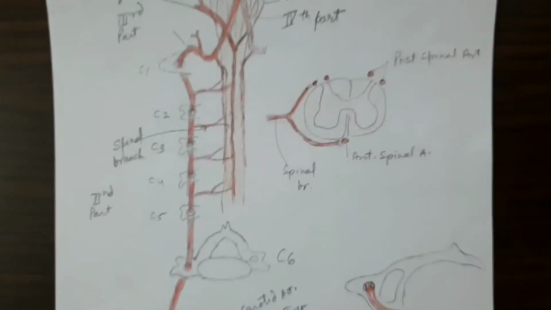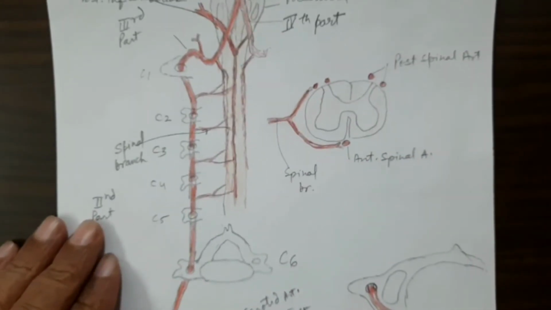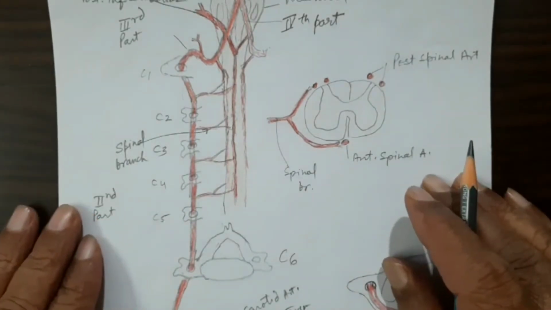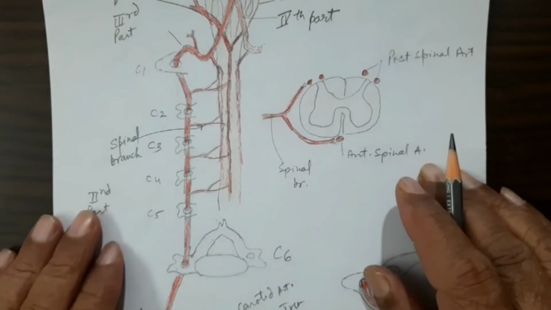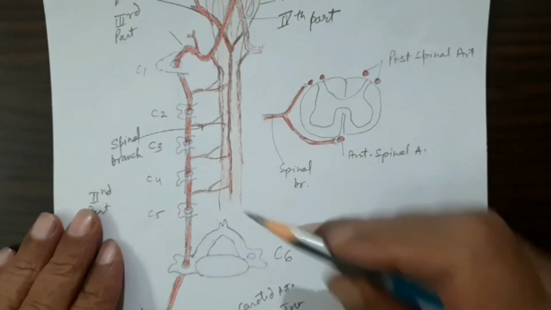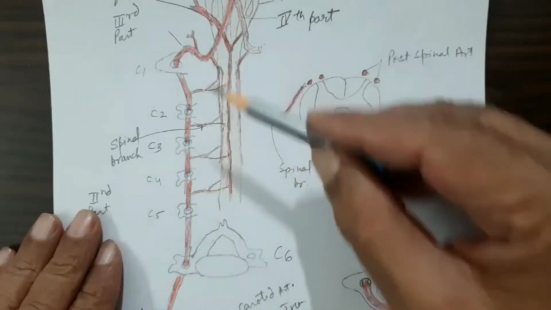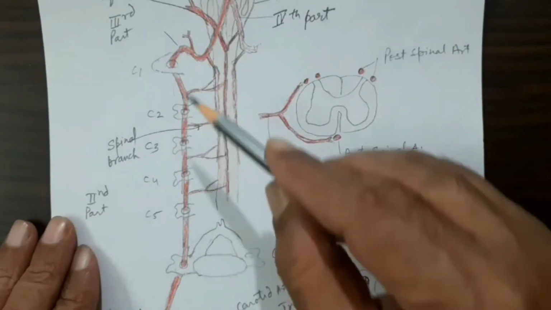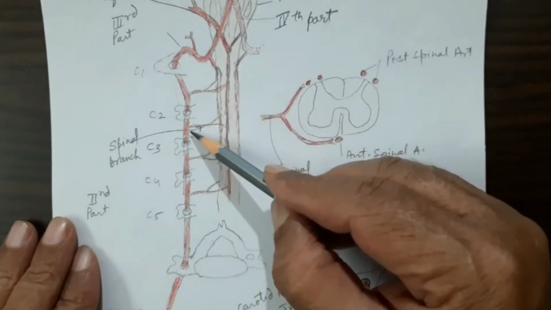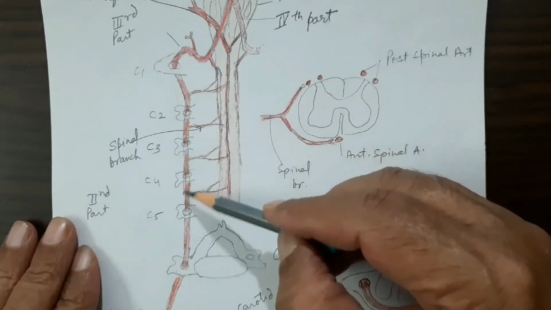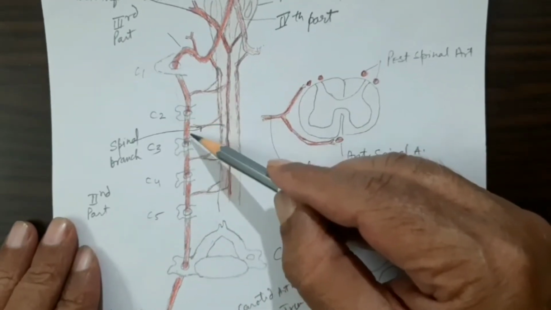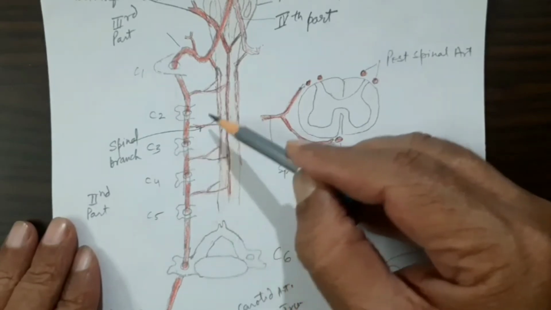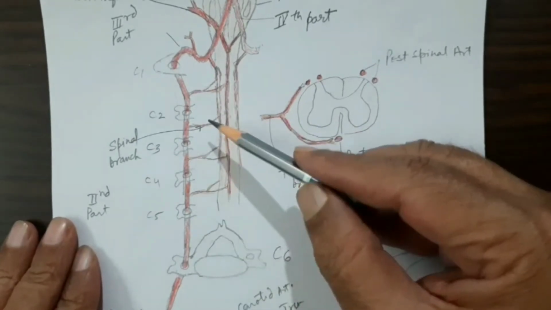Now the second part of the vertebral artery gives many spinal branches, taking origin from the second part. Where the artery is passing through the foramina transversaria, in between two transverse processes, at least one artery is given at these different levels.